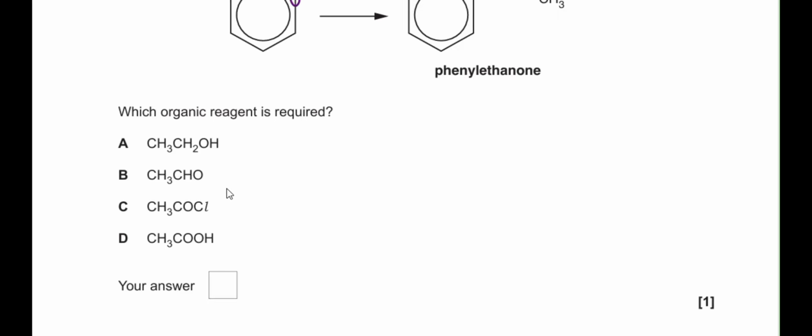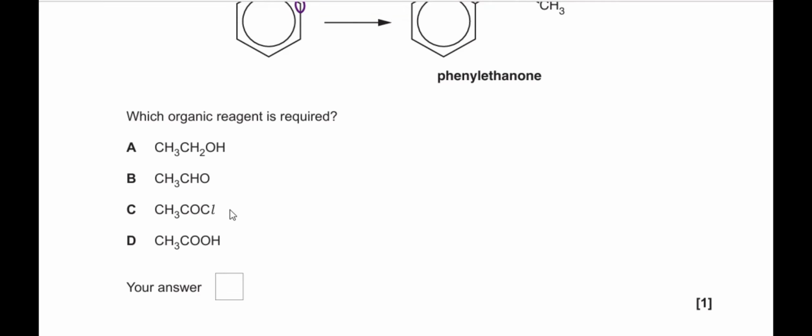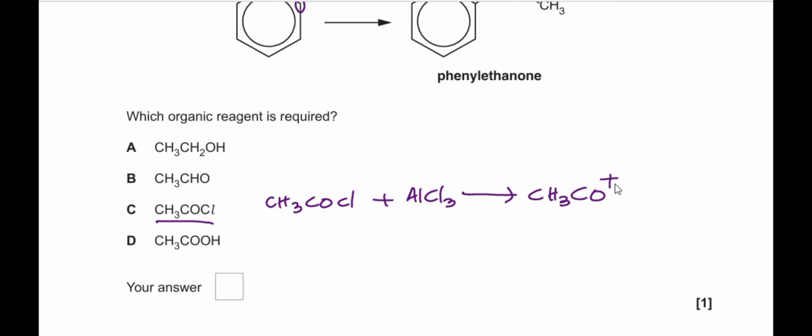Looking into the options here, only an acyl chloride will be able to do the reaction, that too in presence of aluminum chloride. Aluminum chloride helps by creating a strong electrophile when reacting with ethanoyl chloride. The reaction goes like this: CH3COCl with aluminum chloride forms CH3CO positive plus AlCl4 negative.